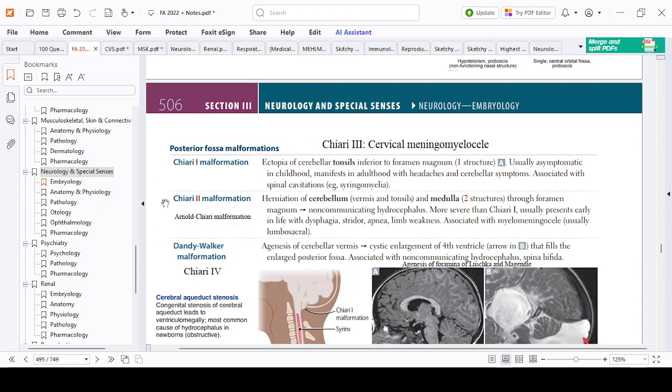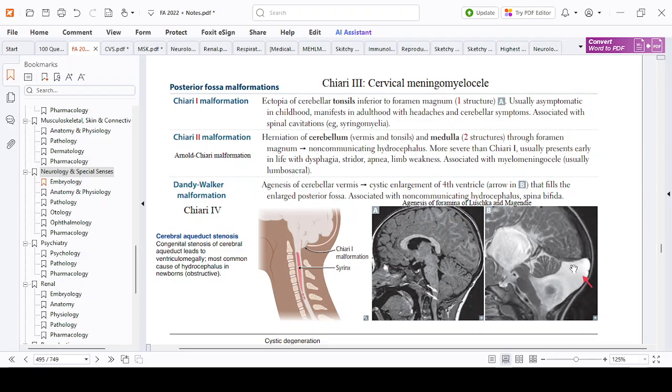The posterior fossa is enlarged with a cystic appearance, so the CSF flow is disrupted. Again there will be non-communicating hydrocephalus, and the association is with spina bifida occulta. Agenesis of the cerebellar vermis, cystic enlargement of the fourth ventricle, arrow in B. You can see the whole posterior fossa is filled with the cyst.